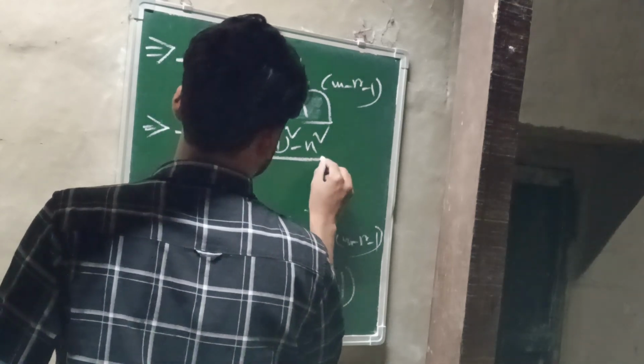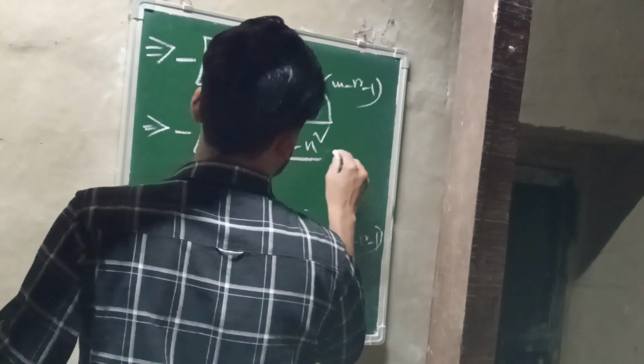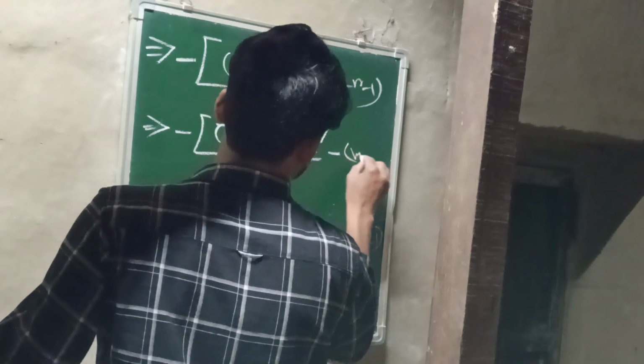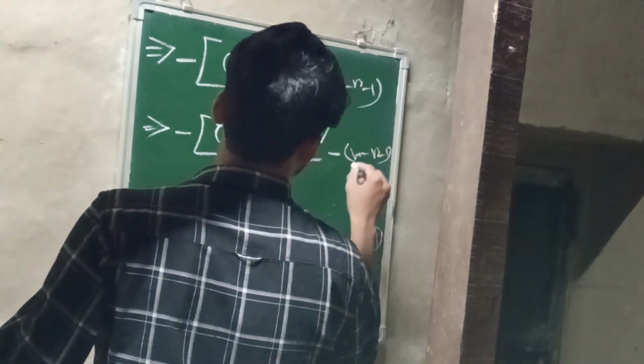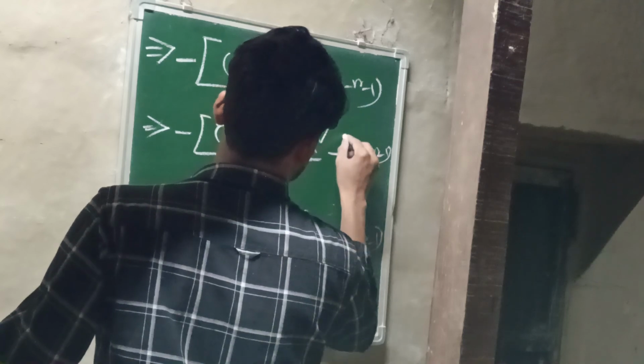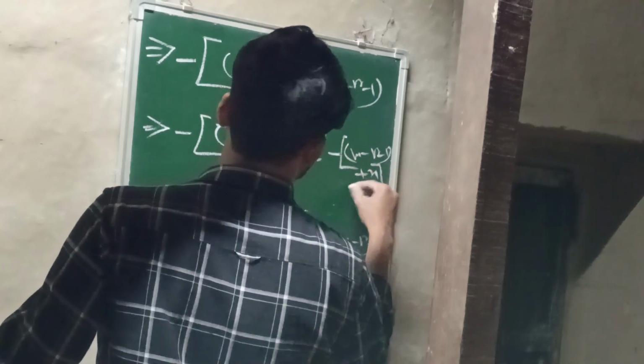This is the formula of a square minus b square, minus (n minus r minus 1) plus n.